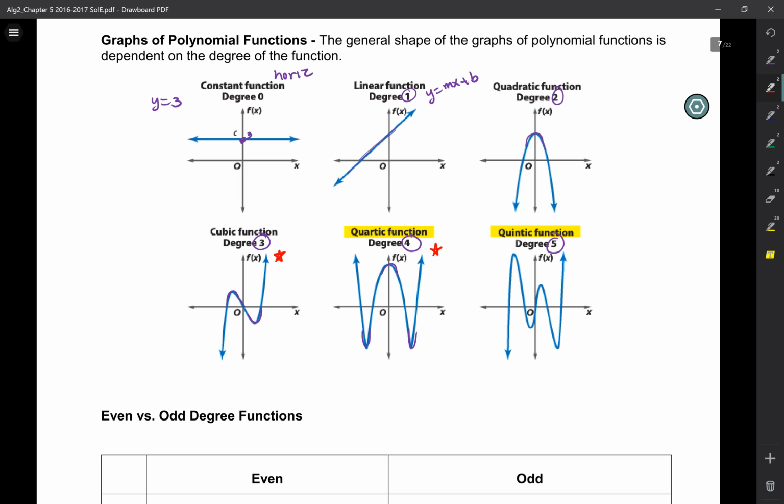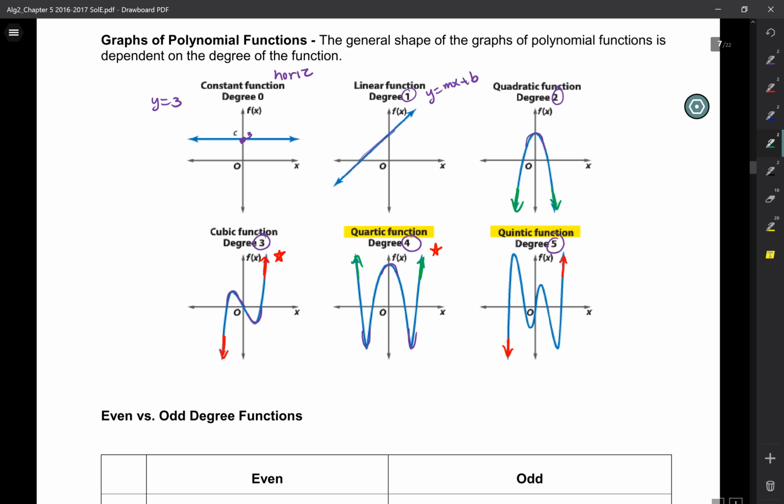If the degree is odd, then the ends go in opposite directions. One goes up, one goes down. Here too, with a degree of 5, one end goes up, one end goes down. But if the degrees are even, then they either both go down or they both go up.